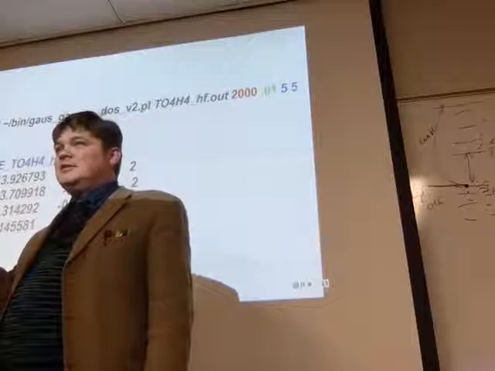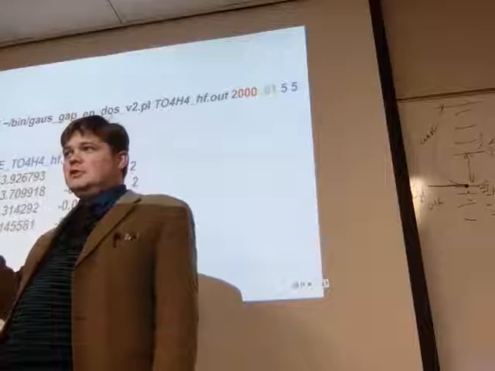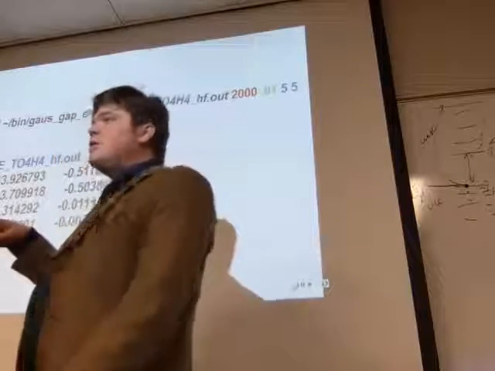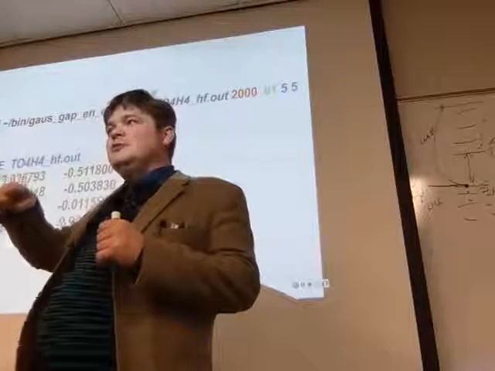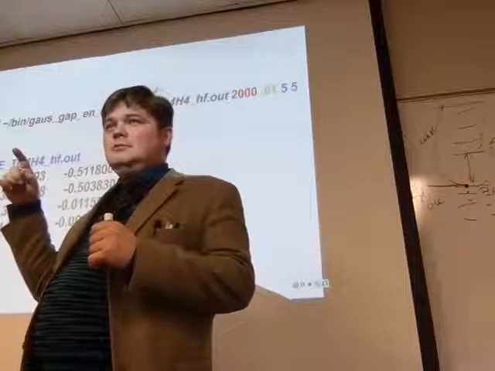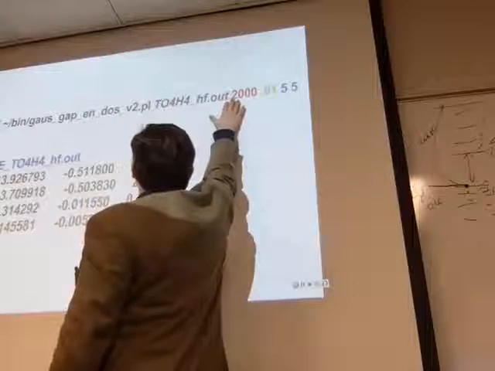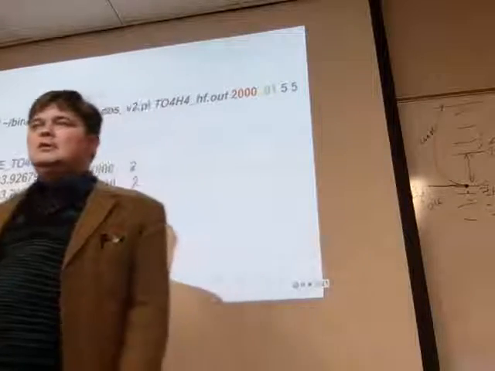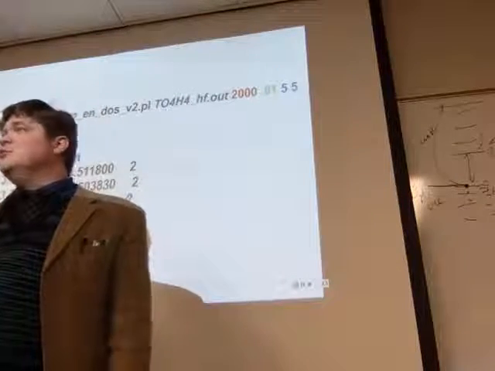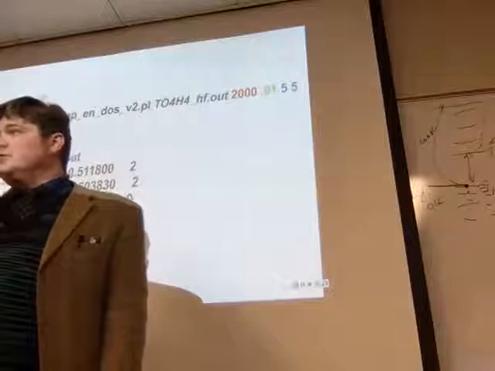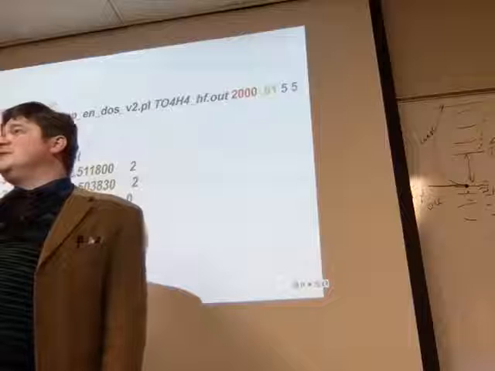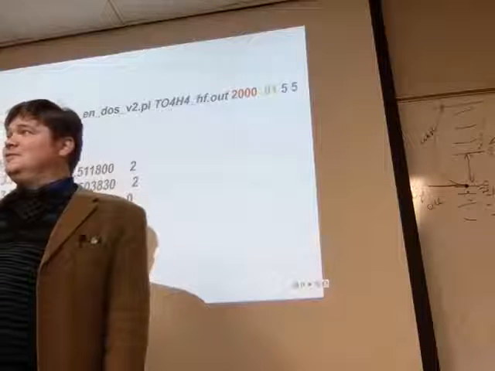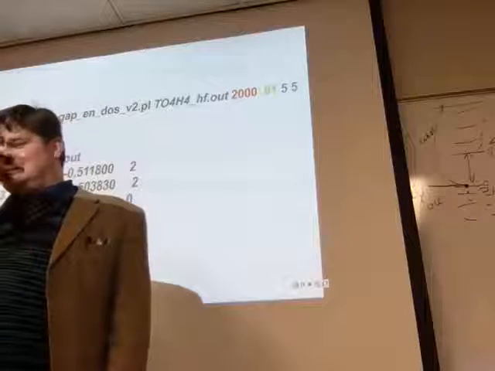It converts atomic units into electron volts, and it creates a data file for this continuous density of states. So upon execution of this script, you will have the density of states in numerical form already in your directory. If you are a big fan of Microsoft Excel, you can just download this file and make this image.